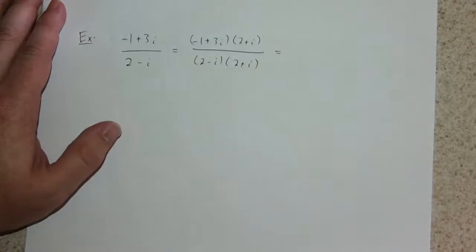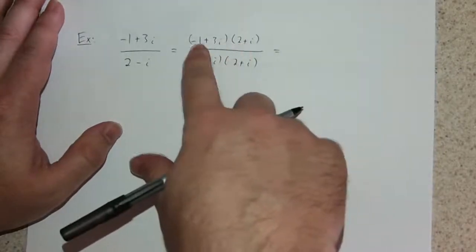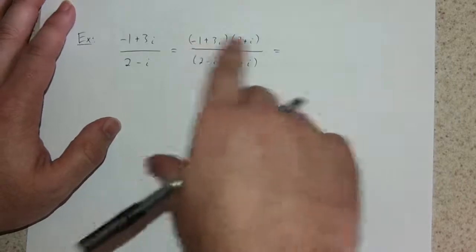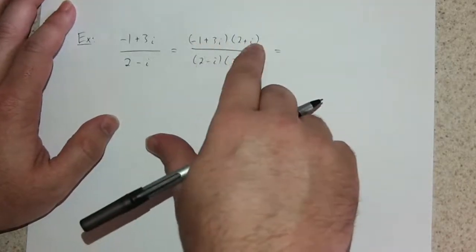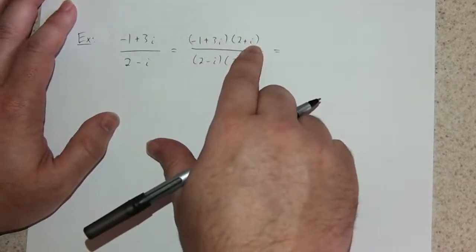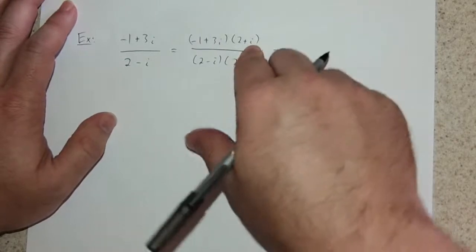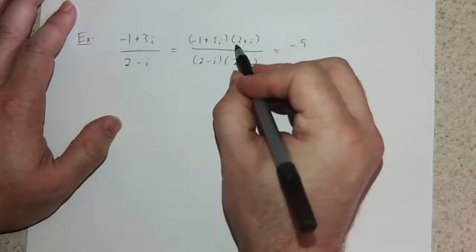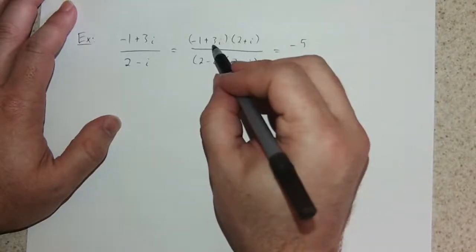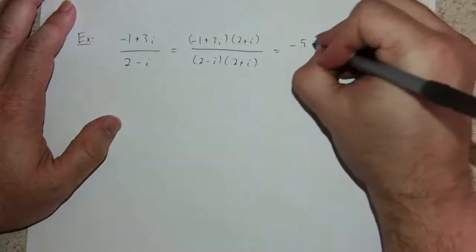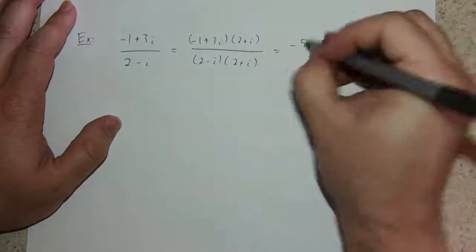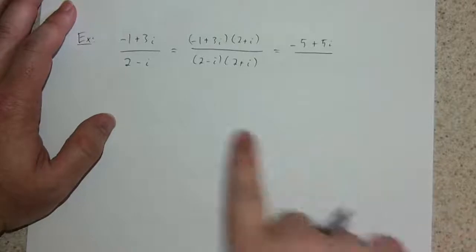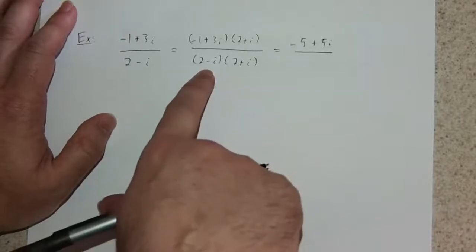And so what do we get here? Multiplying this out, I would have minus 2. Here I would have minus 3. So that would be minus 5. And then the mixed terms would be minus 1i plus 6i, so plus 5i. Okay, and that is over the modulus of 2 minus i squared.